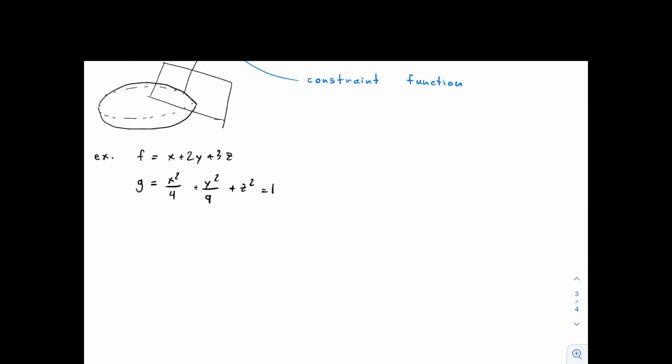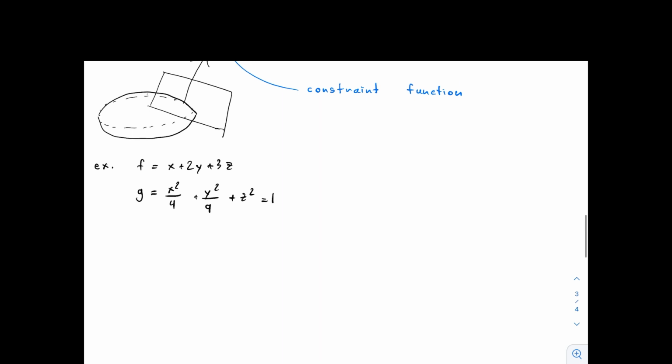If we have this scenario where f is this function x plus 2y plus 3z, which is a line in 3 dimensions, and g is the surface, x squared over 4 plus y squared over 9 plus z squared equals 1. That's an ellipsoid.